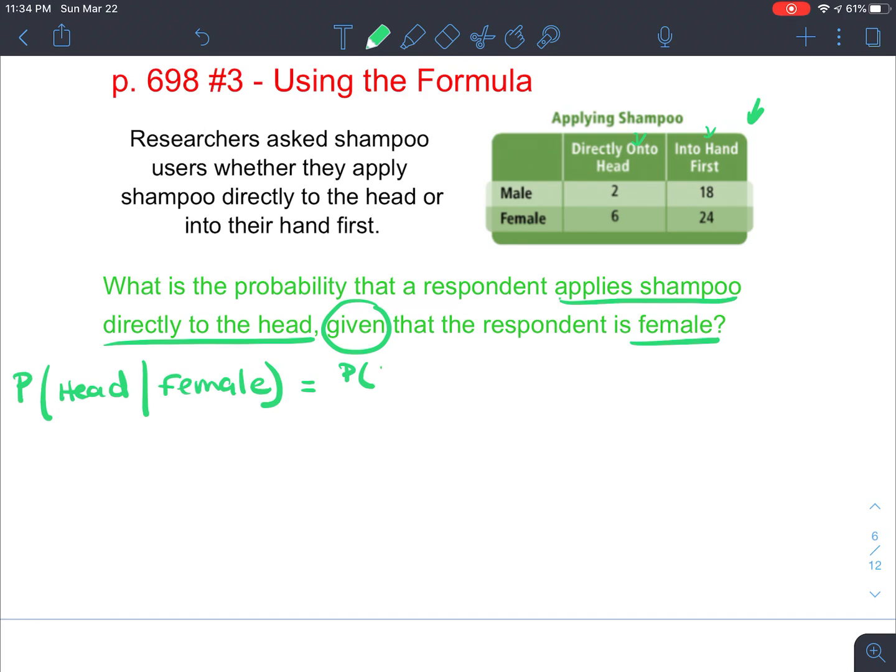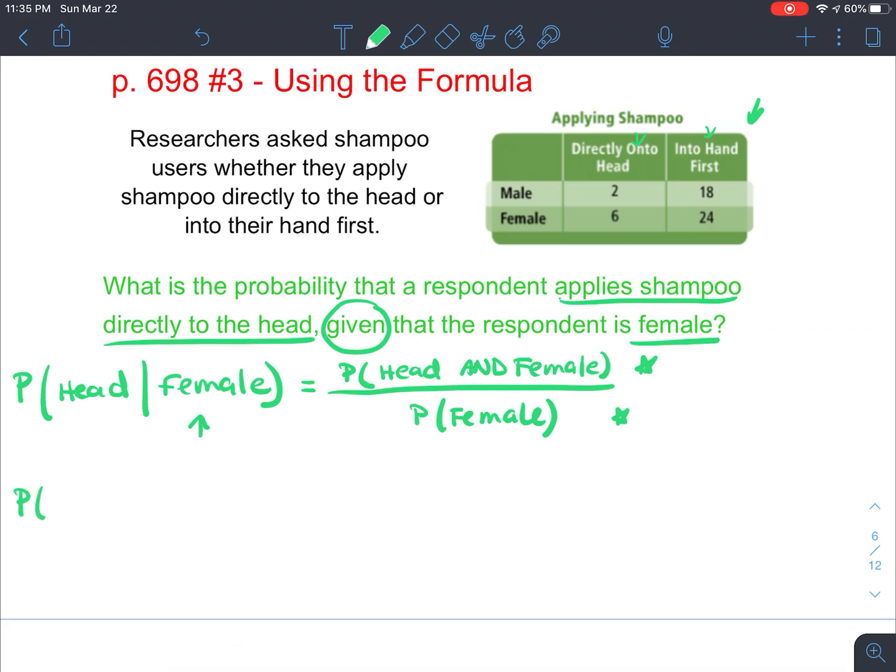My numerator is the probability that they apply directly to the head and are female, over the probability that they are female. So we actually have two different probabilities to calculate here before we can calculate the overall probability. What is the probability that you apply to your head and are female?